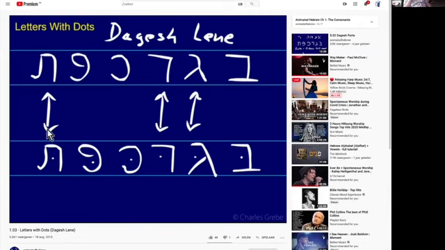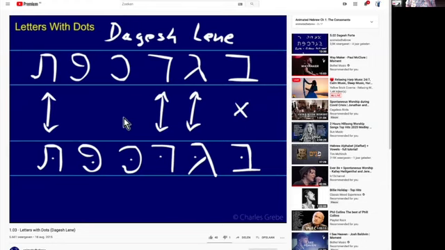In modern Hebrew, these distinctions are lost, and so these three letters, the tav, the dalet, and the gimel, are all pronounced the same. The other three, however, are pronounced differently. The beit without the dagesh is pronounced v, so you could say veit, I suppose, while this is b, as in bait. So these are not pronounced the same.